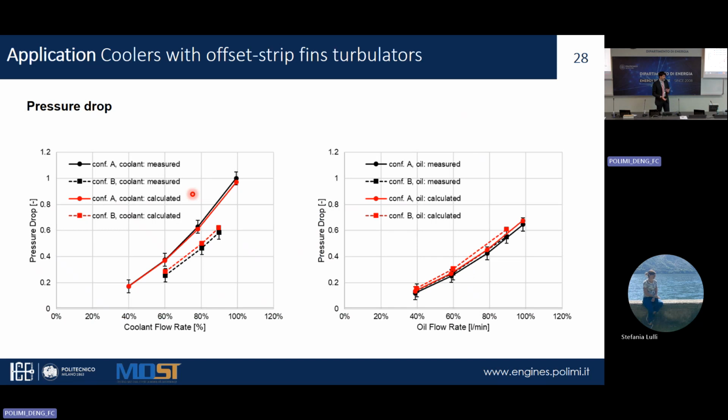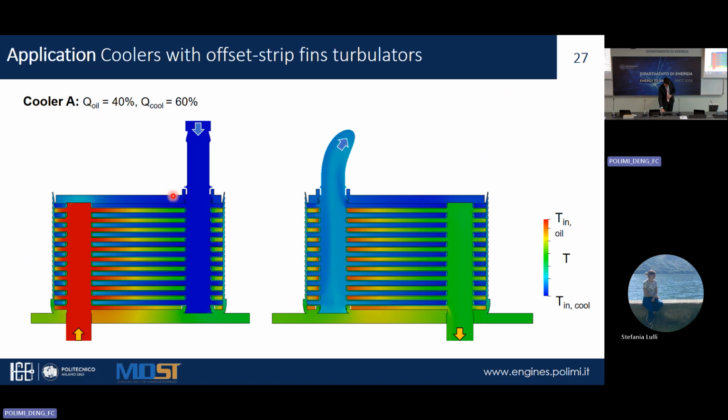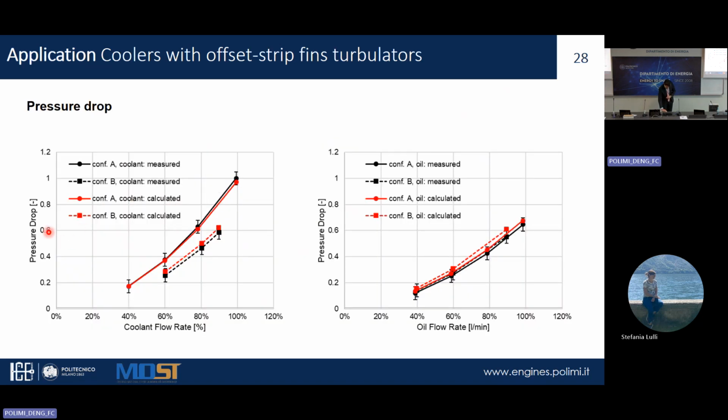So in terms of validation, we have validated internally in a collaboration with a group of our department. We have done the validation on different cooling systems, on different coolers, configuration A, configuration B. So we are just referring to configuration A, which is the one that I have shown here. In terms of pressure drop, for configuration A, the red line is the calculated, the black line is the measured.